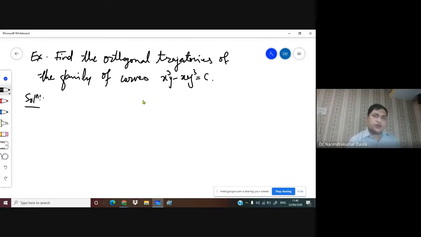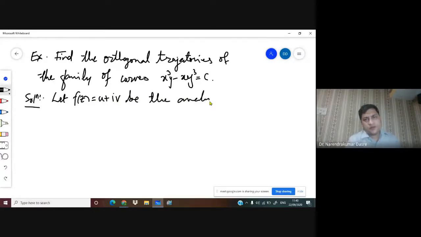As we have to go through the analytic function, we first consider the analytic function. Let f of z is equal to u plus iv be the analytic function. Now it depends on us whether we consider this as u or v.